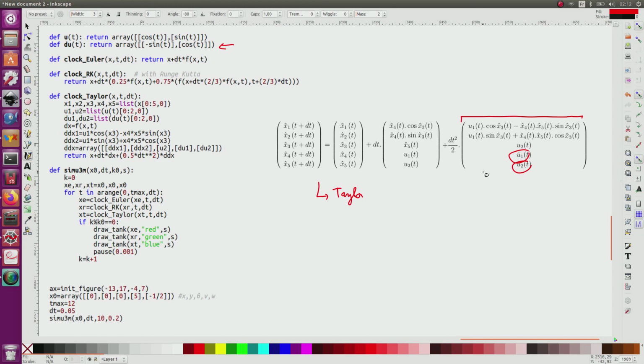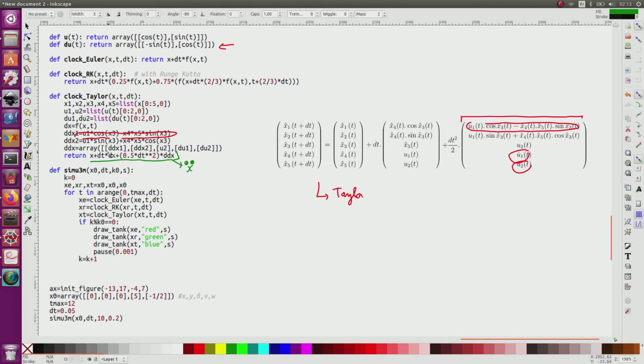So here this function is computed here. So the second derivative ddx1 corresponds to this part. And this corresponds to the Taylor approximation of order 2. We recognize here the ddx corresponding to x dot dot, which is computed here.